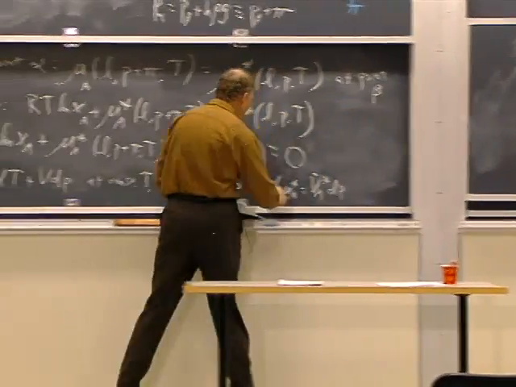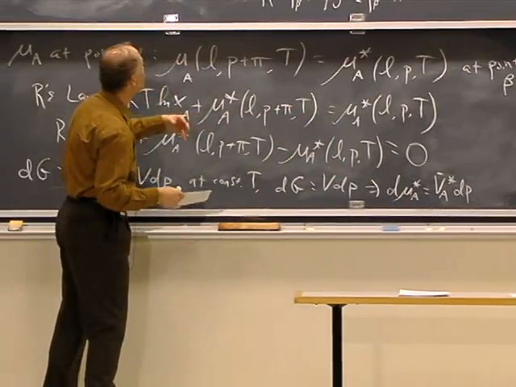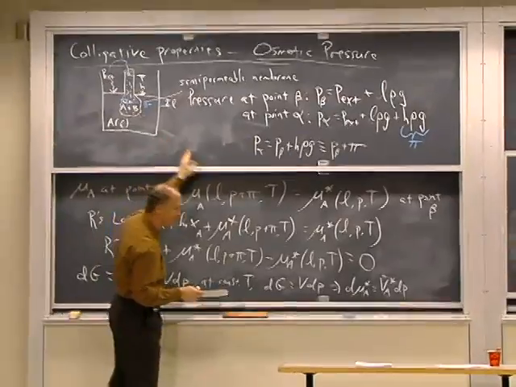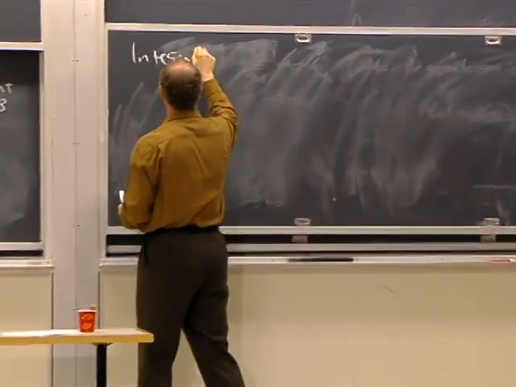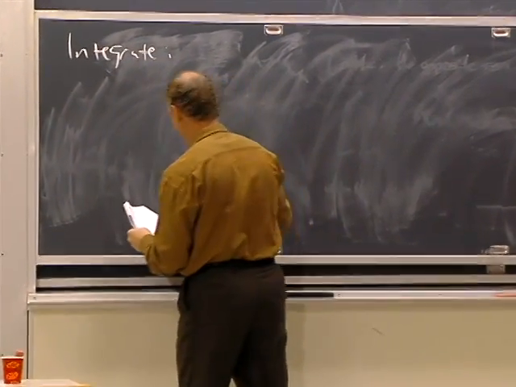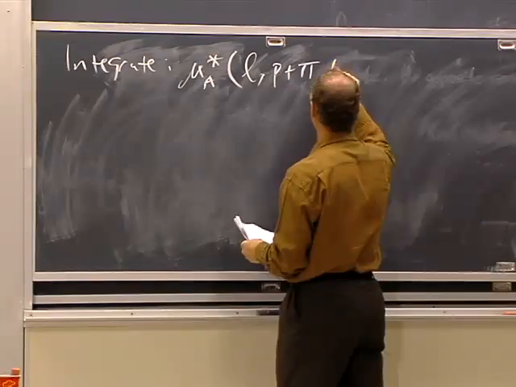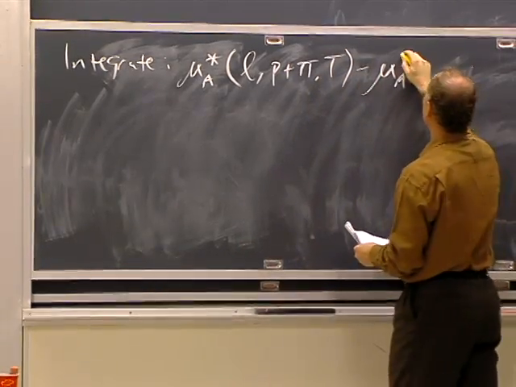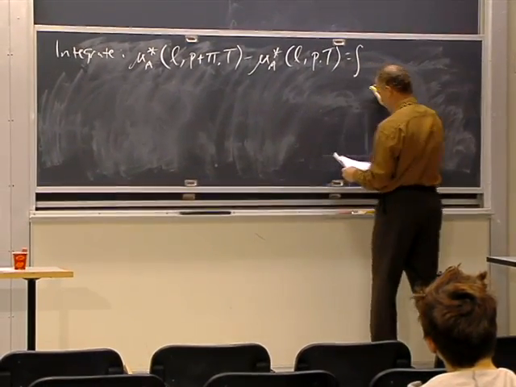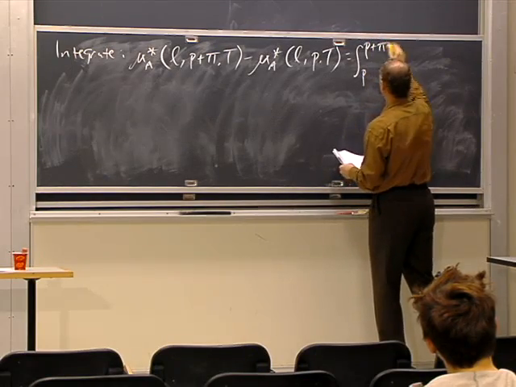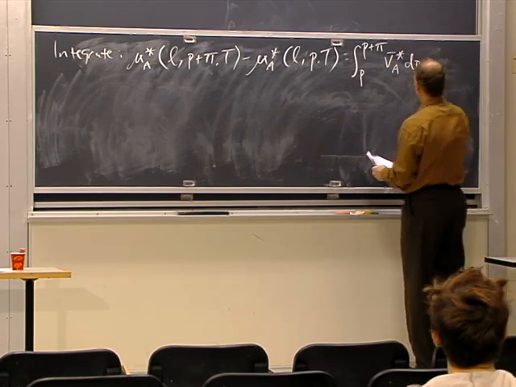All right, so now let's just integrate. We need to know the change in mu A at a finite jump in pressure from inside to outside the container, so we're just going to integrate. If I want mu A star at pressure P plus pi minus mu A star at pressure P, then I just have to integrate from P to P plus pi VA bar star dP.